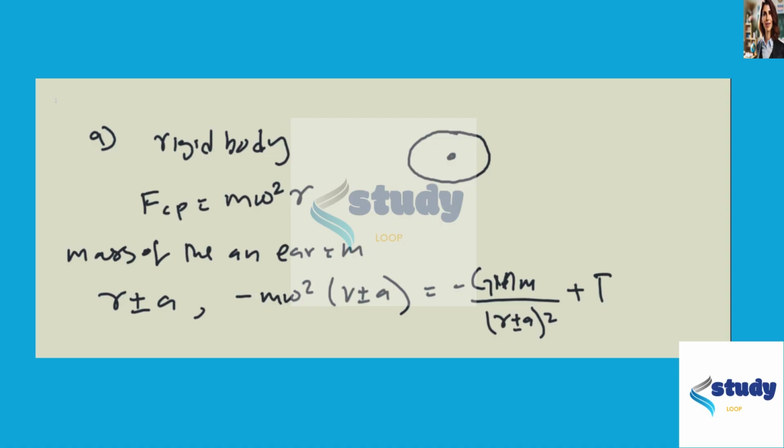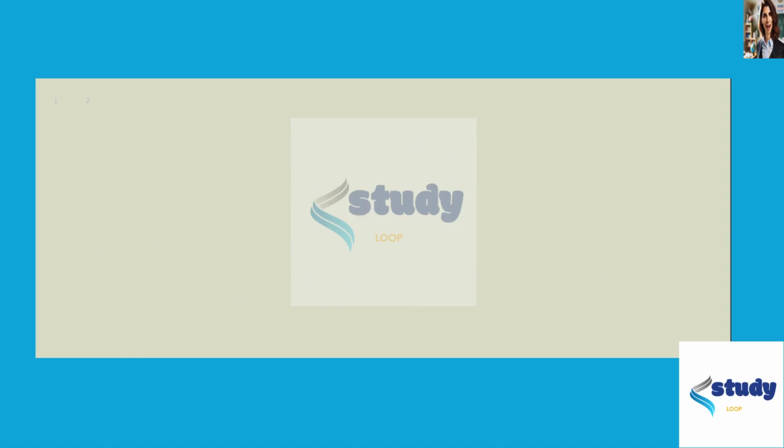Capital M is the mass of the black hole. For any point mass, m dash, of the astronaut at the distance r, we have minus m dash omega squared r is equal to minus G capital M m dash over r squared.